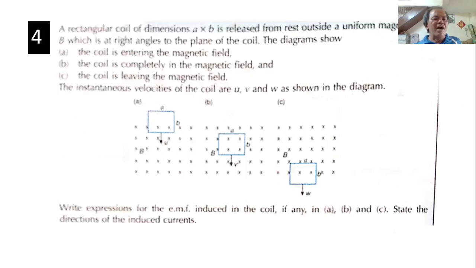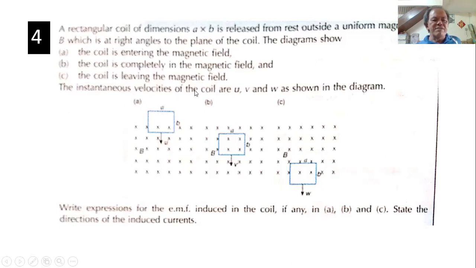A rectangular coil of dimension A times B is released from rest outside a uniform magnetic field. So this one shows you the magnetic field is going into the page. Magnetic field strength is B at right angle to the plane of the coil. The diagram below shows the coil entering the magnetic field, the coil completely in the magnetic field, and the coil leaving the magnetic field.